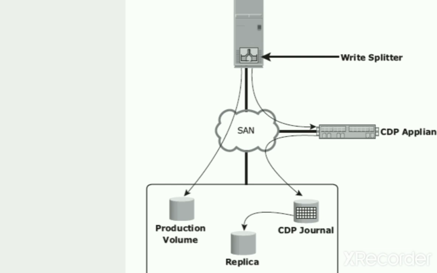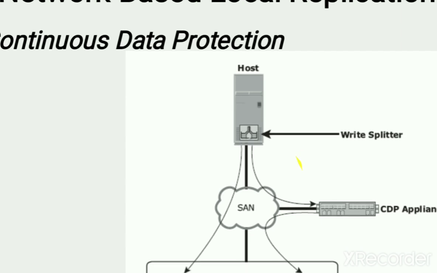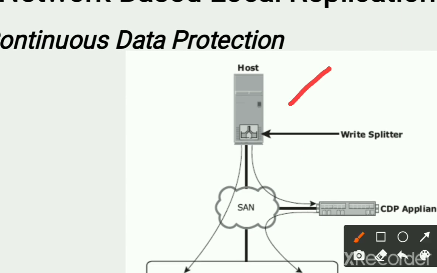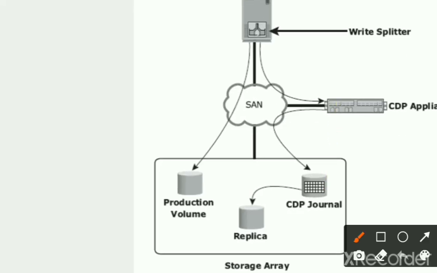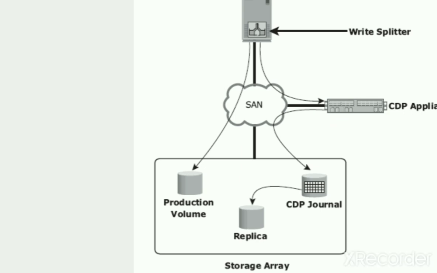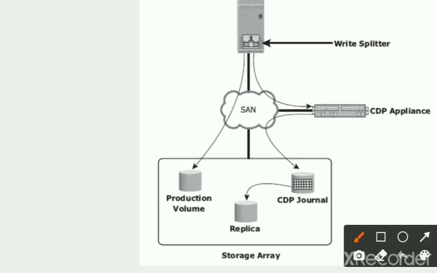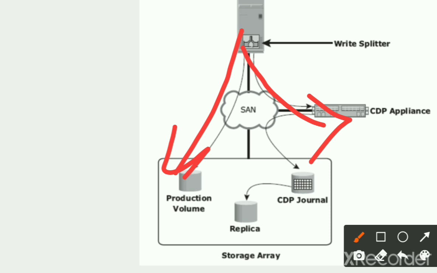In this diagram you can check that we have the host and a write splitter which divides the data into two copies. That data is moved from the host to the production volume, and also to the CDP appliance.